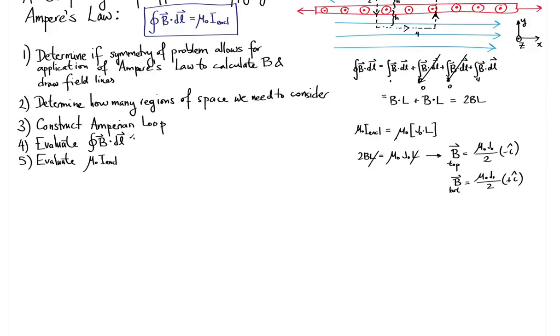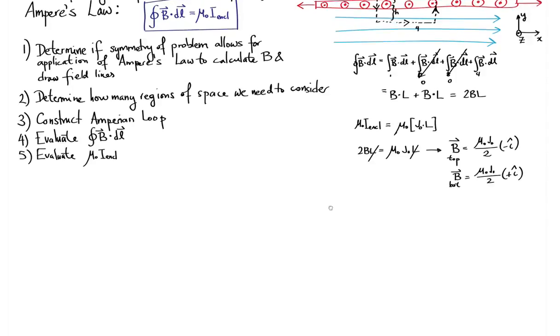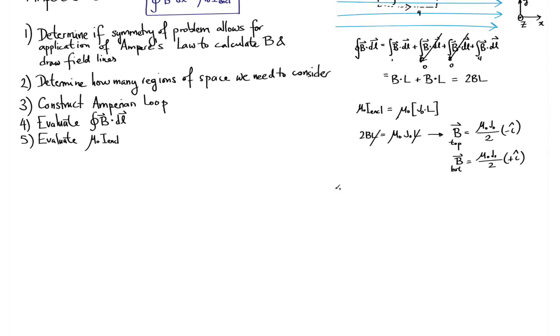So like in Gauss's law, the real trick to using Ampere's law is, if you have the right symmetry or configuration, picking your loop, or picking your Gaussian surface for an electric field, such that I can basically write my line integral as the magnetic field times some length. In the case of Gauss's law, I could pull the electric field out of the integral and multiply it by some surface area. The same goes with choosing the right Amperian loop. But you have to make sure that the situation is suitable for doing that.